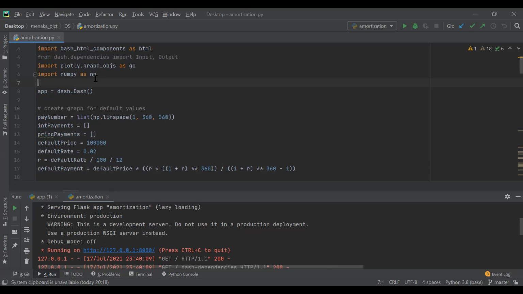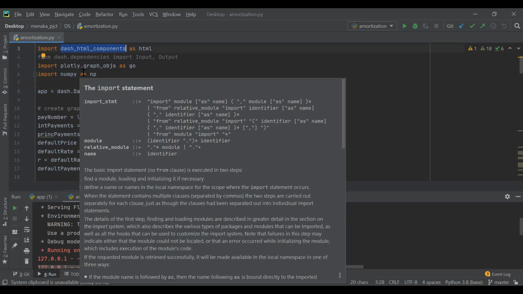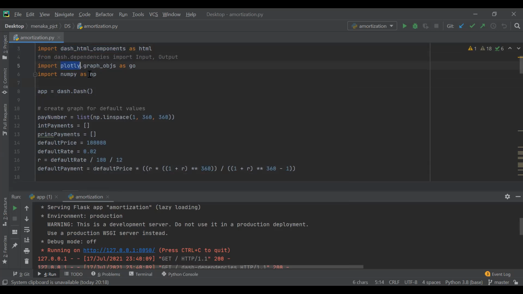It is helpful for data analysis people for visualization, modeling, and building a GUI around the data analysis code. So this is the small introduction about the Dash framework.